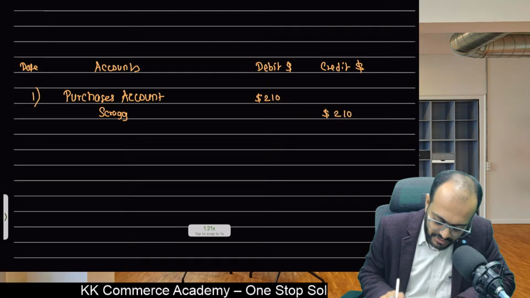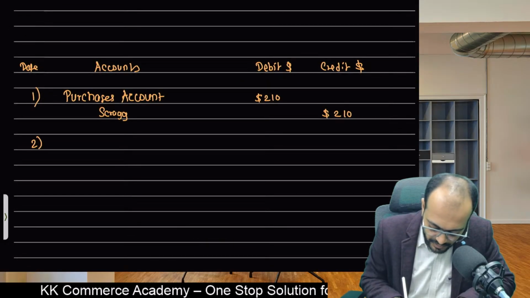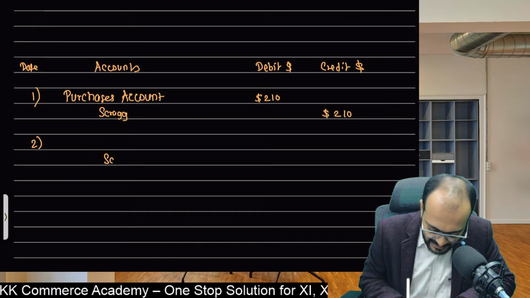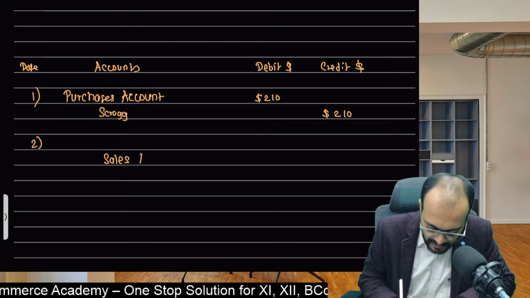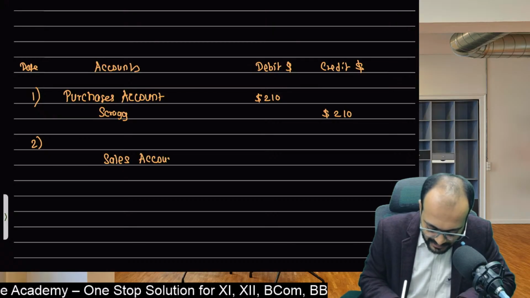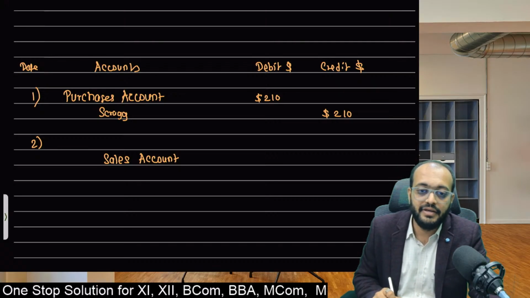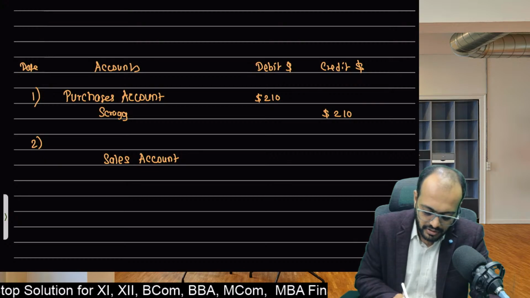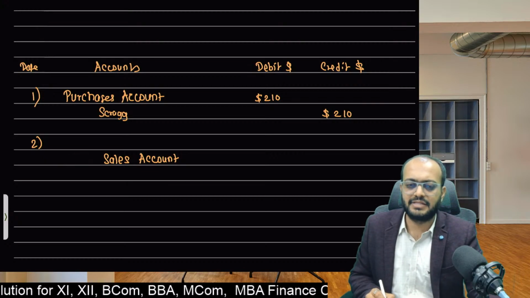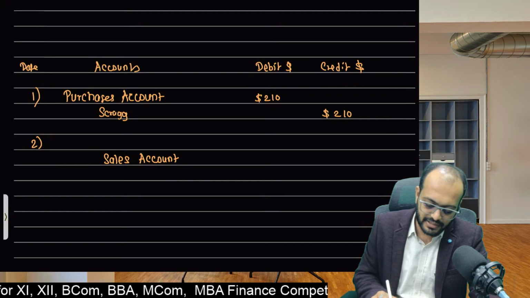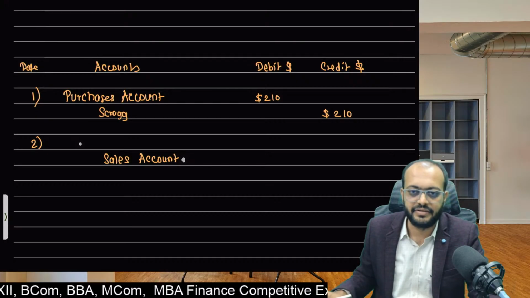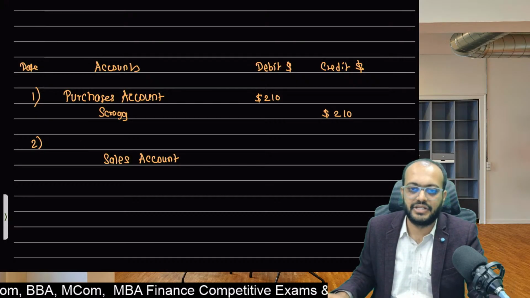So in the next transaction, we have to write that the sales account should be credited, and since we have to credit it, I'm writing this directly in the second line, leaving some space here. We have to leave some blank space so that it is presentable, showing what is credited and what is debited. Okay, this is the way of presentation.